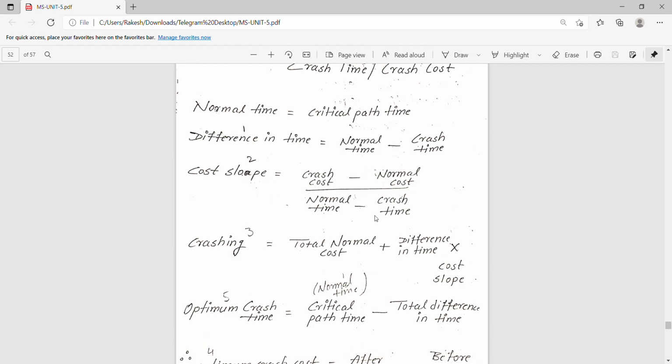And you can remember this formula as it starts with CC, and crash are opposite. Here crash cost and crash time, and the remaining are normal, but both costs will appear up and both times will appear down, meaning crash cost minus normal cost by normal time minus crash time.